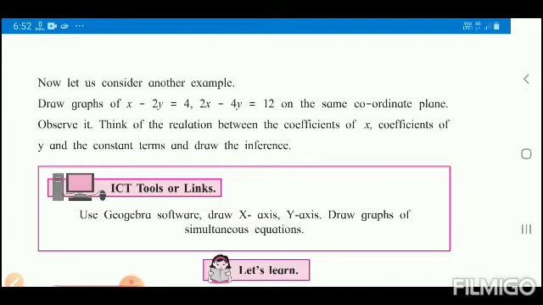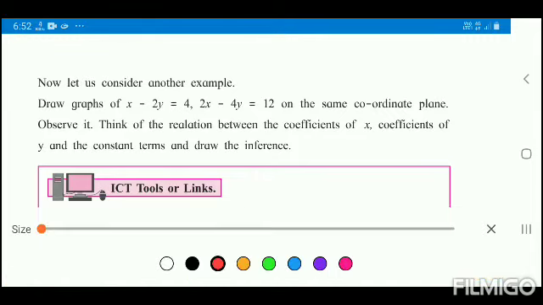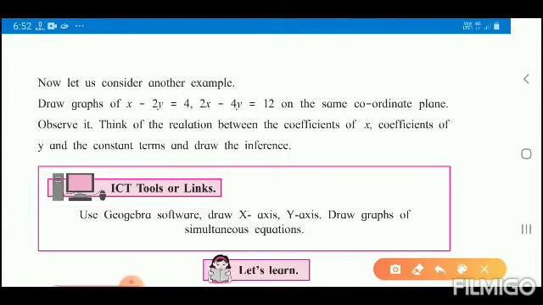You have to see. Take the equations, draw the graphs. Okay. Here also, just one hint I will give you. Look here at the value of A1 upon A2. A1 upon A2 is 1 upon 2.